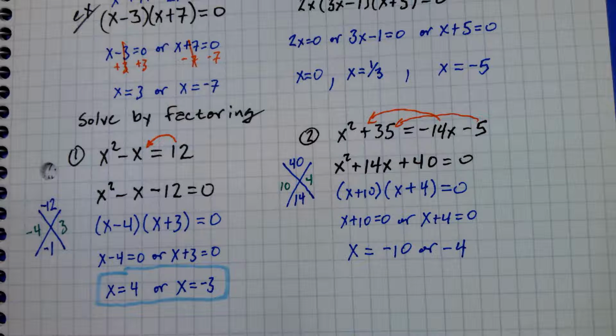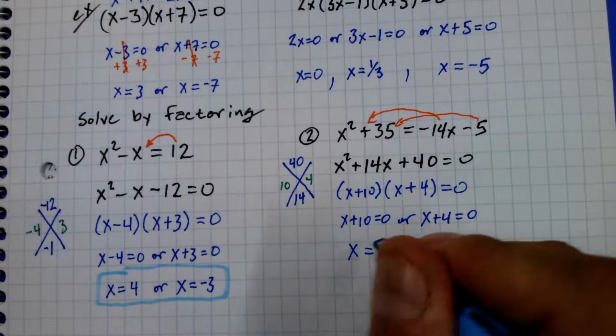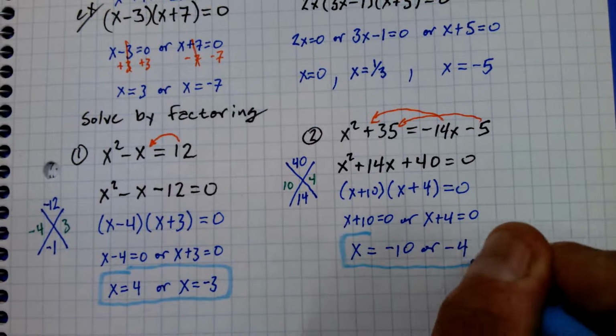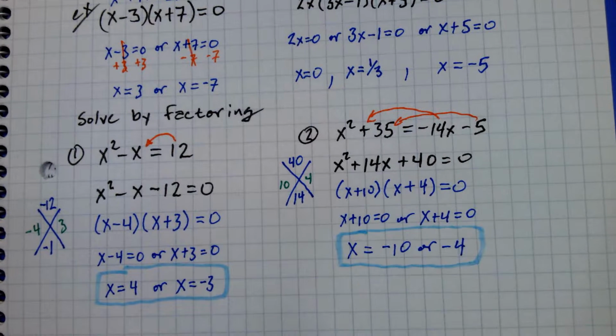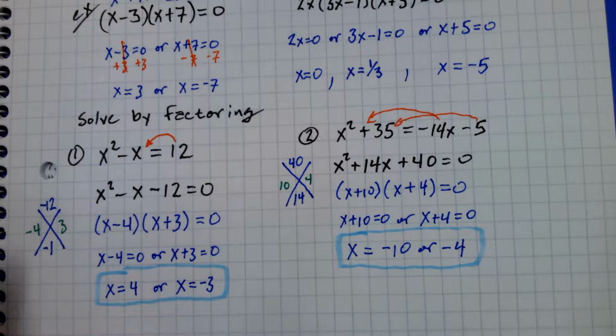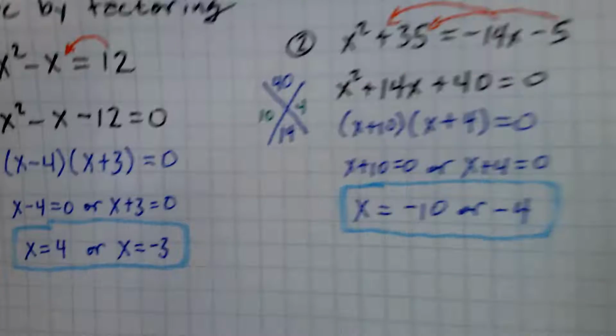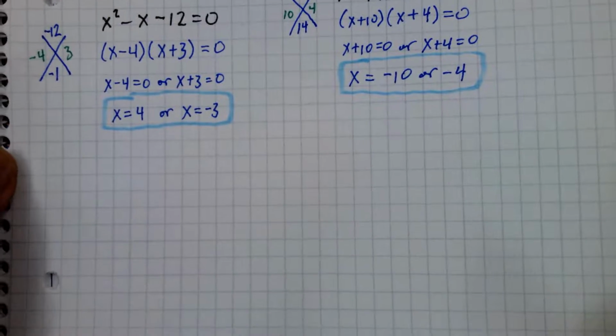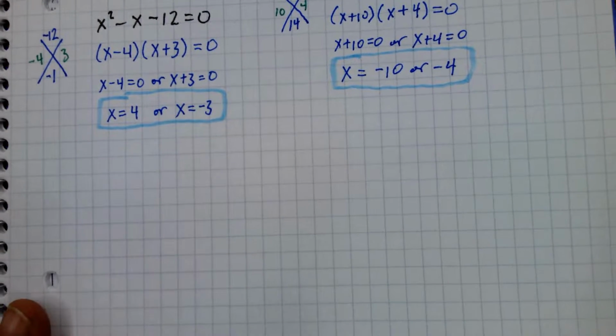There's the solutions. Negative 10 or negative 4. Okay. The only thing that could get a little tough is sometimes you might have to do factoring that's a little more involved. So let's practice one of those. We got 2 more examples and then we're done.